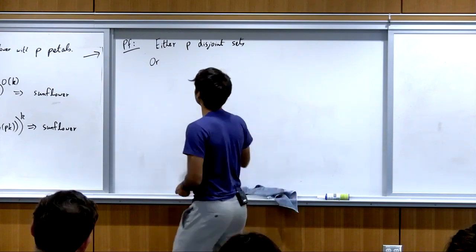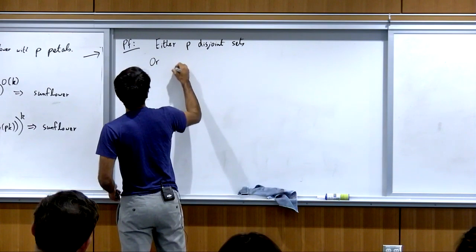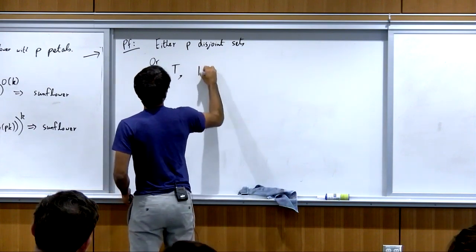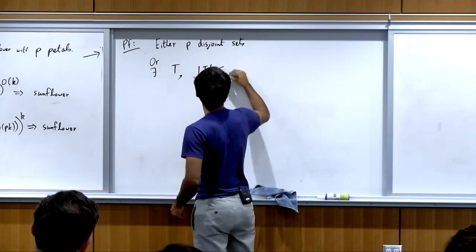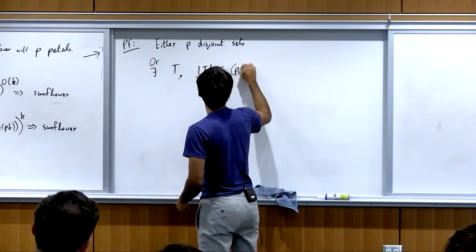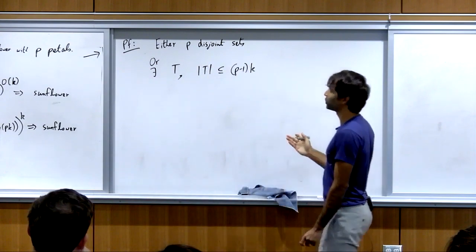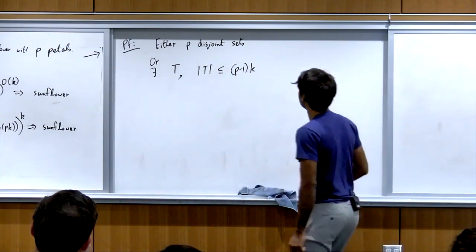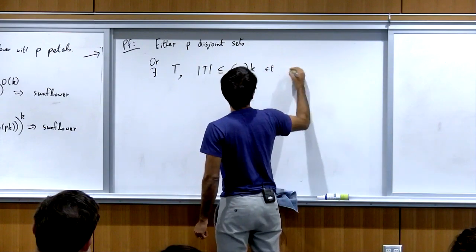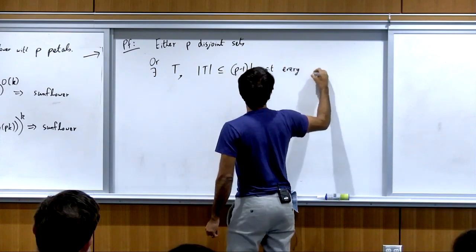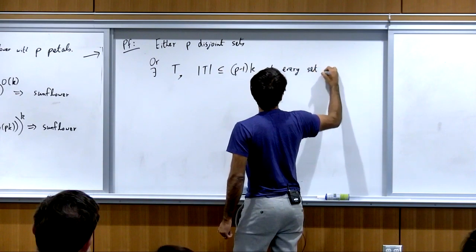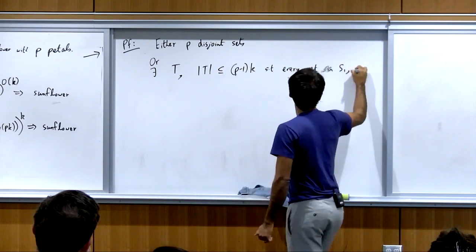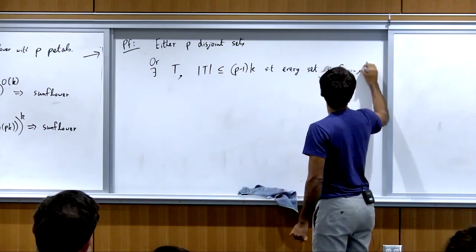So at this point, you must have found a set T whose size is at most p minus 1 times k. This is the union of all the sets you found so far that were disjoint, such that every set in S1 through SL intersects T.